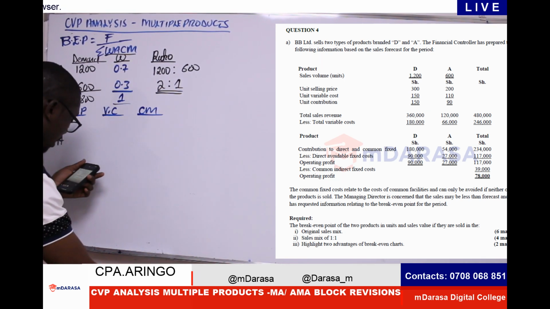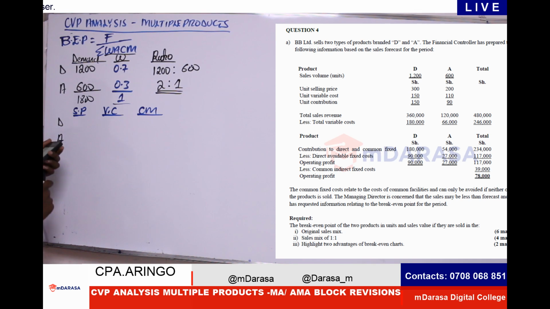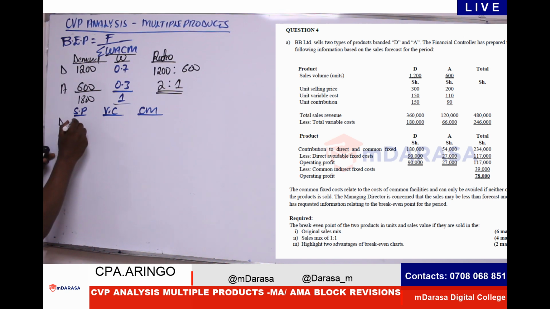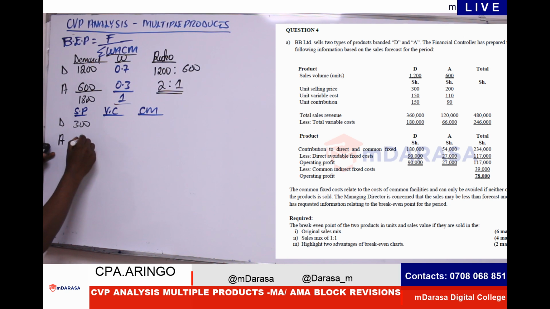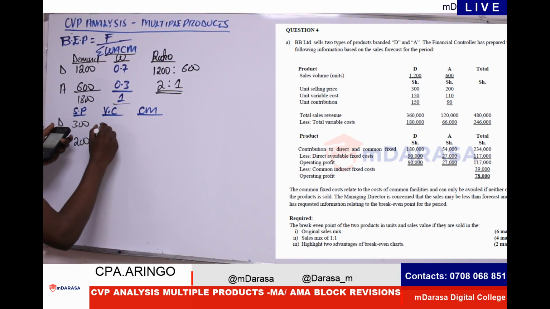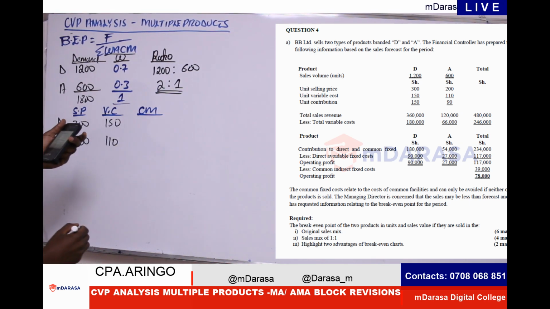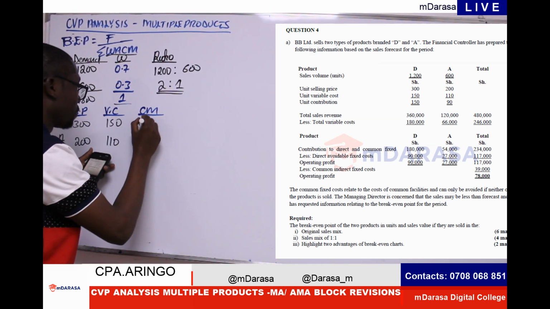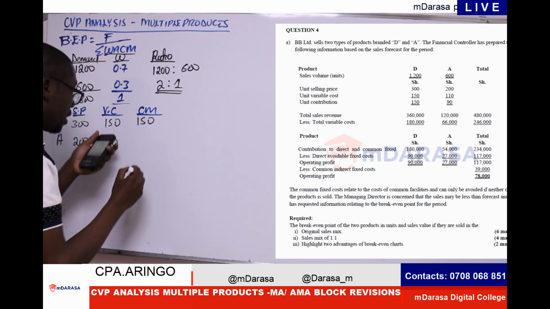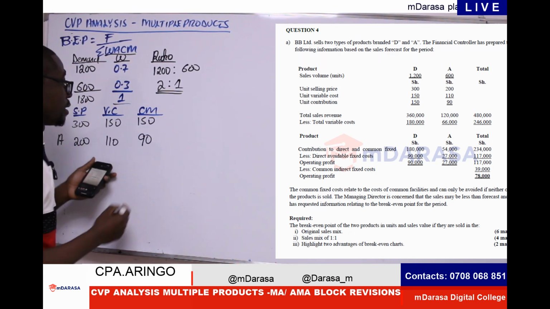Selling price, we were given for product D the value of 300, and for product A a value of 200. Variable cost, we were given 150 and 110. So our contribution margin, you can see, we have 150 here and we have 90 there.